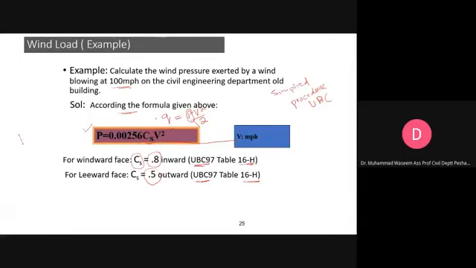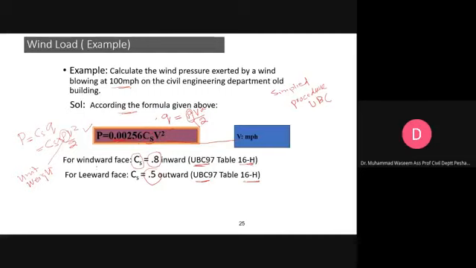We know that this is CSQ, and CS is rho V square by 2. If you take the unit weight of the air, this is the unit weight. If you plug the unit weight value here, it will come out to be this number.